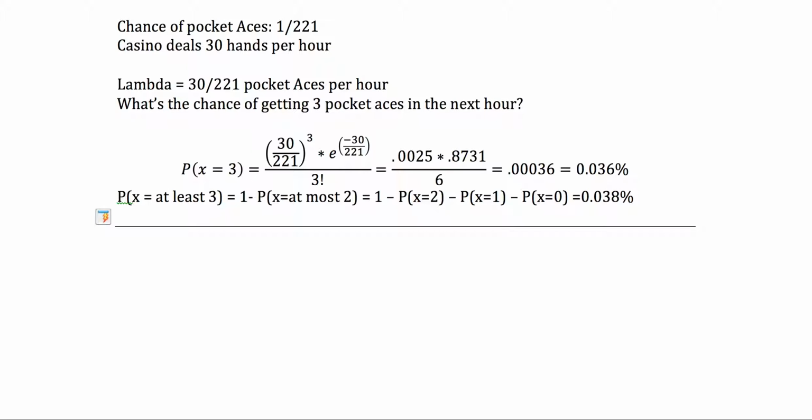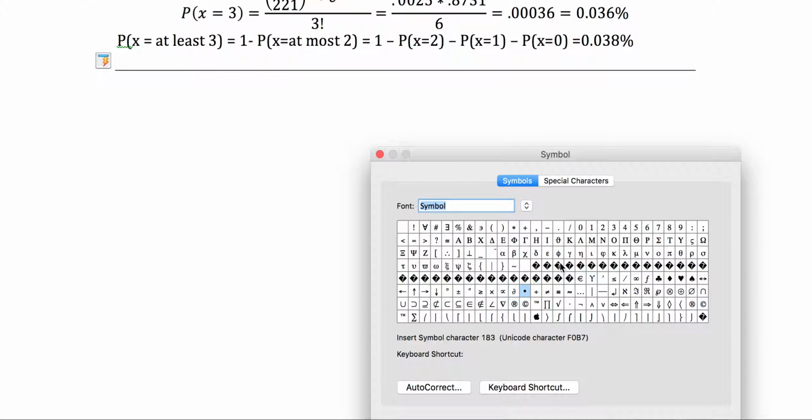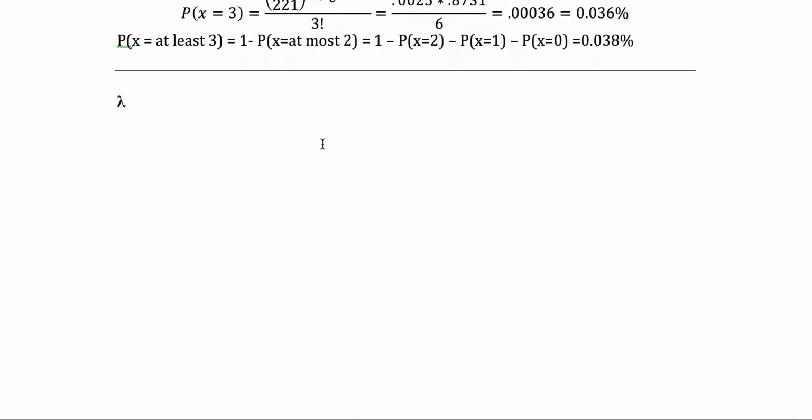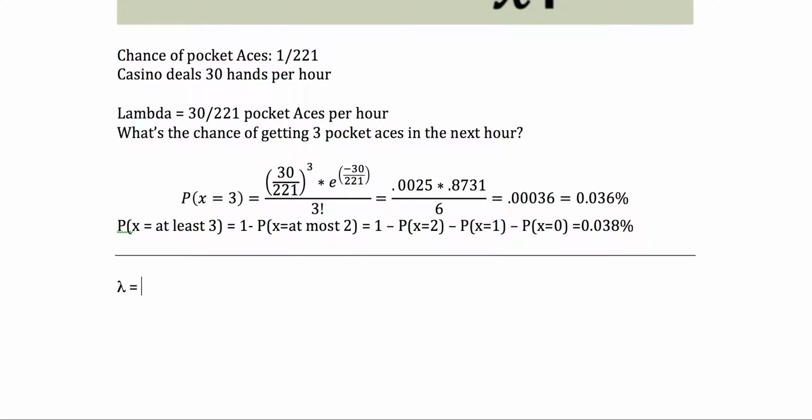So what that means is lambda is 5 accidents per week in the neighborhood. And then we want to know what's the chance that exactly 2 accidents will happen in this week.